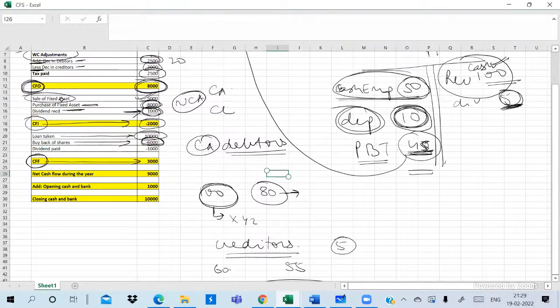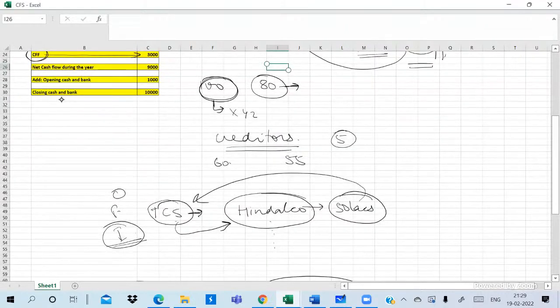Again, dividend received was a part of investment activity because TCS had done investment in Hindalco. So when TCS receives dividend, that's a part of investment activity. But when Hindalco is paying dividend, that will be a part of cash flow from financing activities.